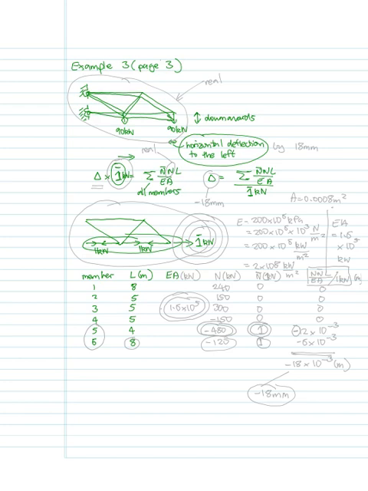Our EAs. Now E is equal to 200 times 10 to the 6 kPa, which is equal to 200 times 10 to the 6 times 10 to the 3 newtons per meter squared, equals 200 times 10 to the 6 kilonewtons per meter squared, with kilonewtons being our base unit, and that's obviously equal to 2 times 10 to the 8 kilonewtons per meter squared.